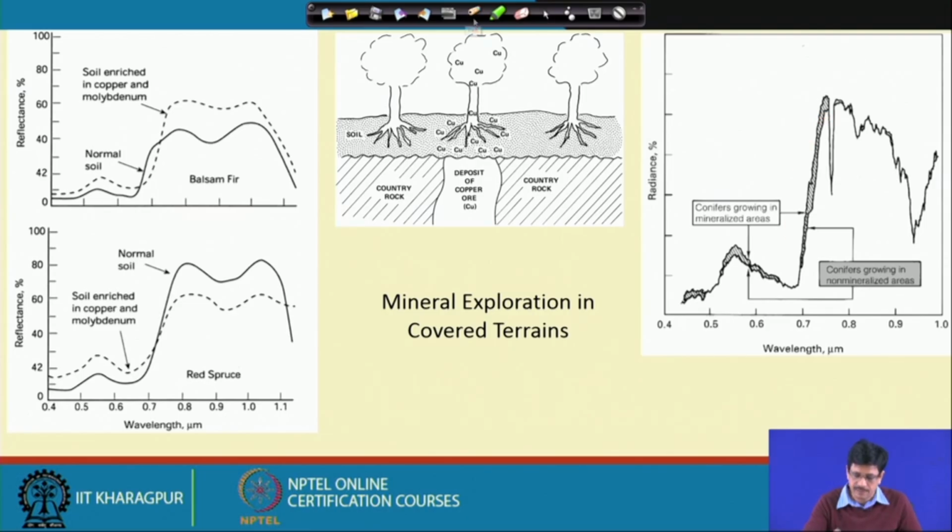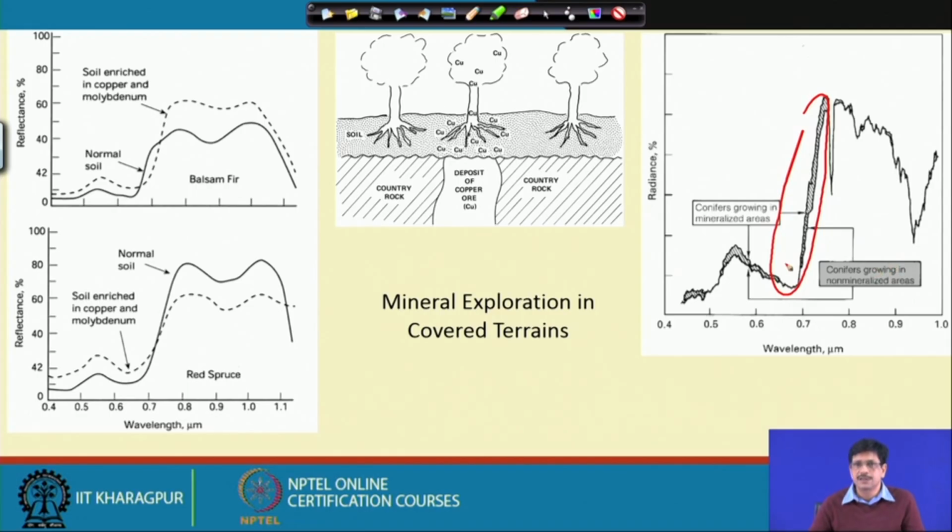As we could see, a particular type of plants, the conifers, which grow in mineralized areas, undergo a blue shift compared to the normal red edge in conifers which are growing on normal areas.